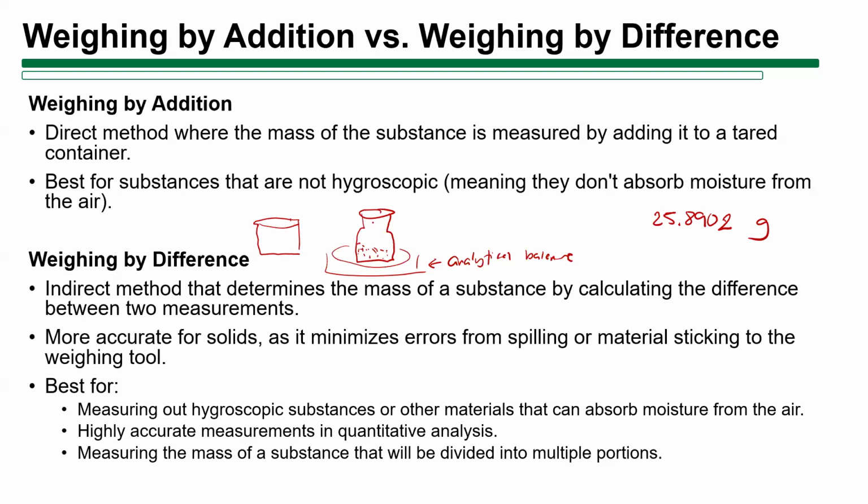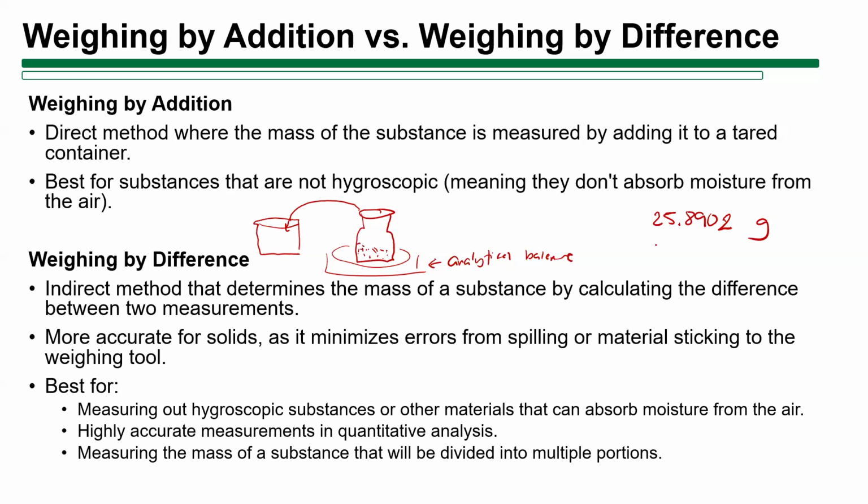So you get your vial containing the solid from the analytical balance, and you gently transfer some amount to the beaker. All right? Then of course, you expect the weight of the vial to be lower because you have removed some solids. Okay? So you weigh this again.